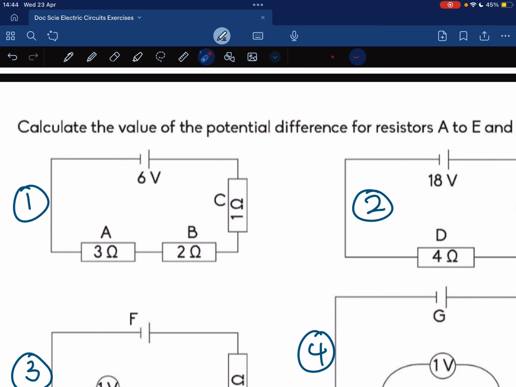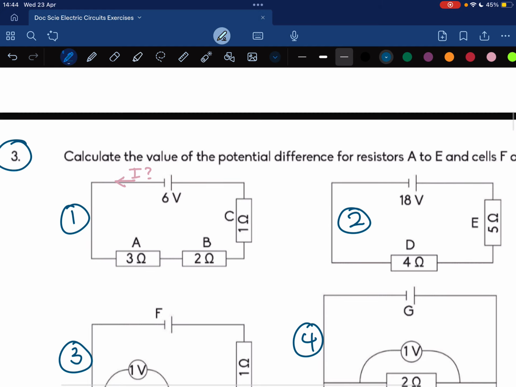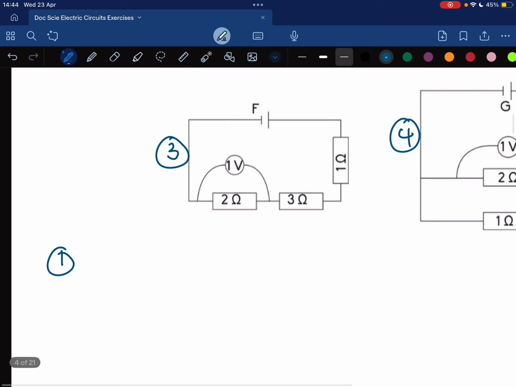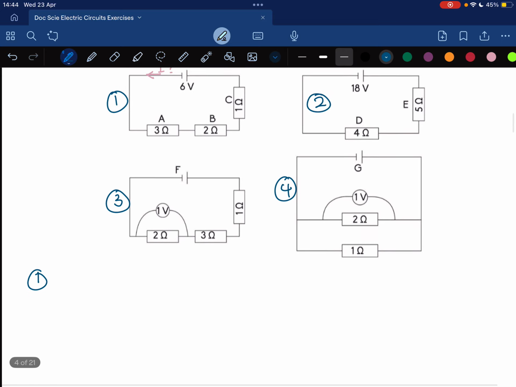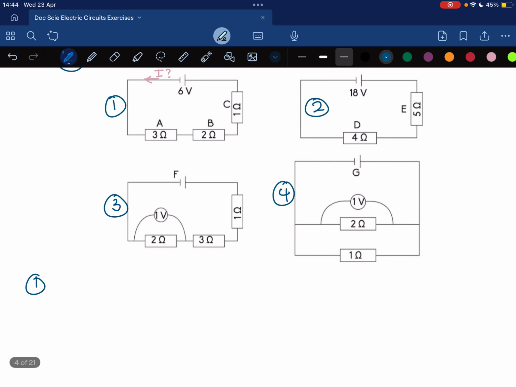Now, in order for me to find the potential difference of each one, I need to first find out what the total current is, because that's what I'm missing. So current again is equal to V over R, but now I'm looking at totals.